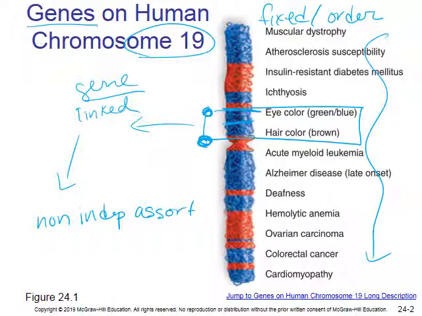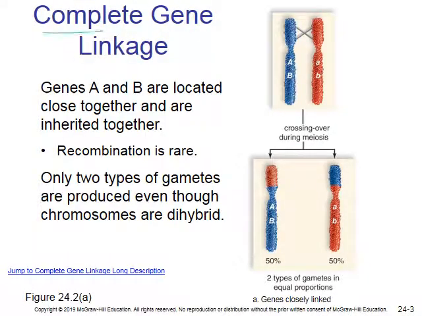Remember how the chromosomes line up on the metaphase plate and you never know which chromosomes? We talked about independent assortment in the last video. They're saying that these are not independently assorted. They're always going to be carried together, or more likely that they're going to be carried than not to the offspring. We have this idea of complete gene linkage. Genes A and B are so close to each other that they're inherited together.